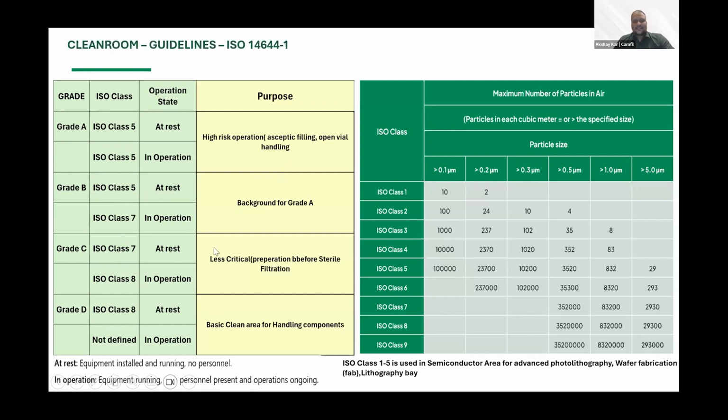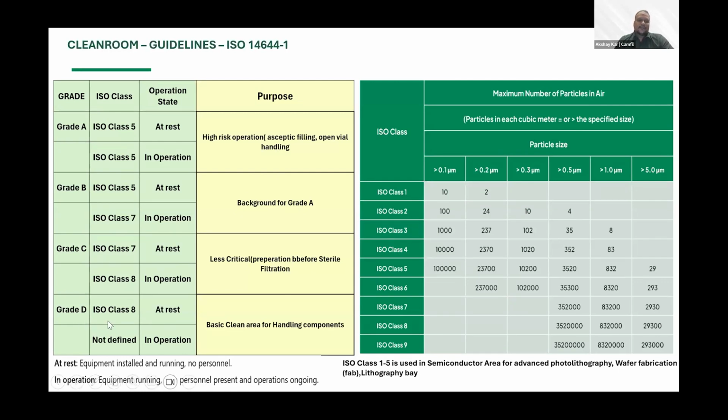And grade C is basically the less critical area where sterile filtration is being done. Mostly the requirement for this grade is ISO class 7 and class 8, at rest and in operation. For reference, you can check on the right hand side how many particles are allowed as per the classification of the 14644 guideline.